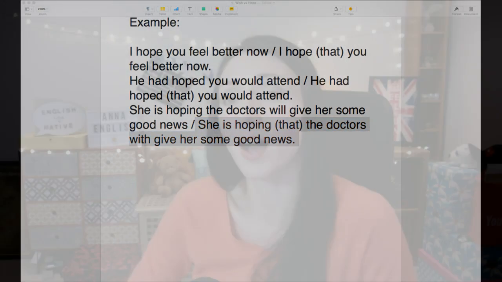Now, I've done a lot of research into this, and I can't find any rules or reasons why we do or don't use that. So don't be surprised if people use the word that directly after hope, and don't be surprised if we miss it out. And don't worry about it either. So the thing is, what I always say with natives, a lot of us don't know the rules, evidently.